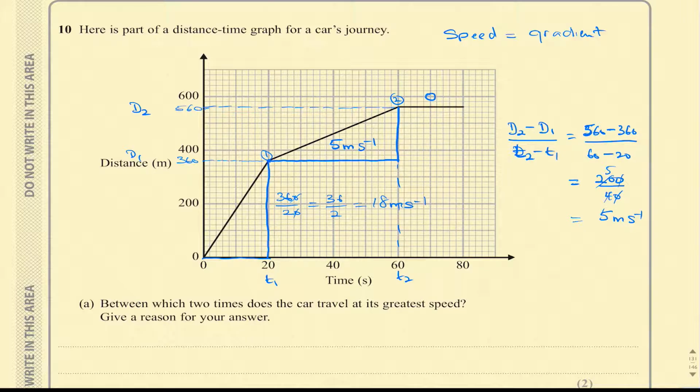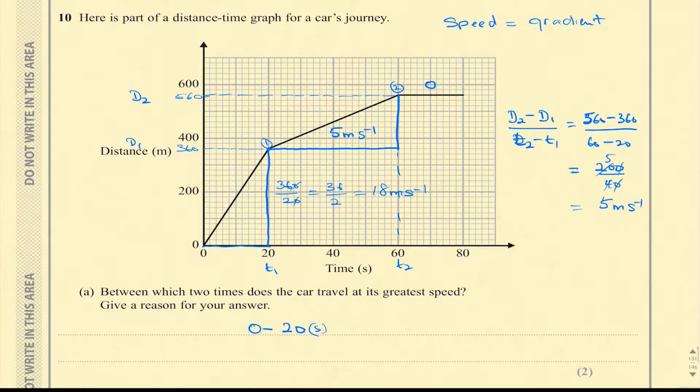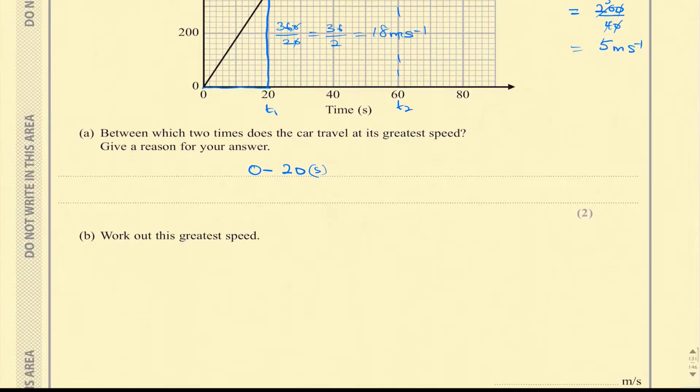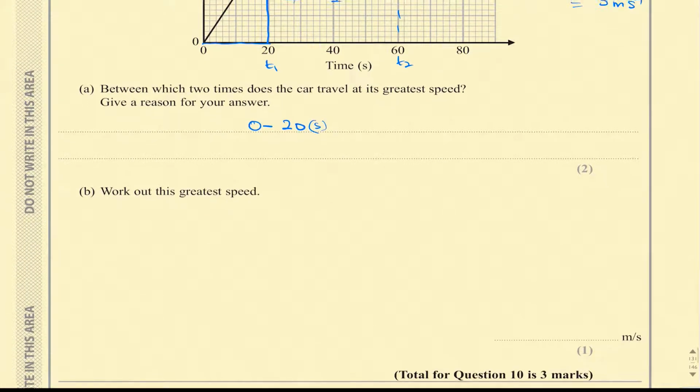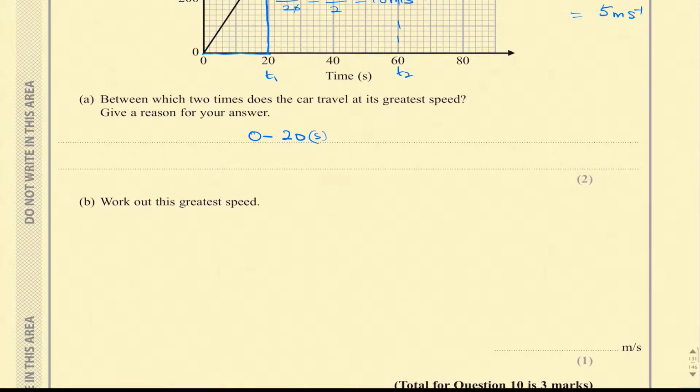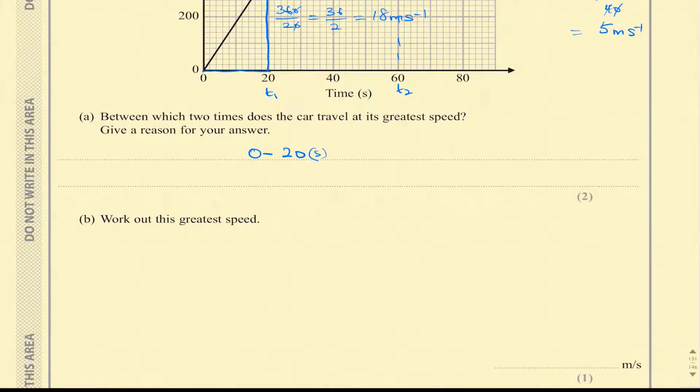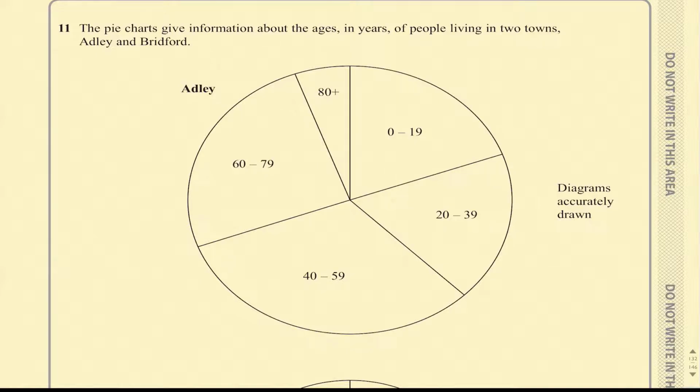So the greatest speed is between 0 and 20 seconds. And the B part is to work out the greatest speed, and that's what we just worked out in the graph, and the greatest speed is 18 meters per second.